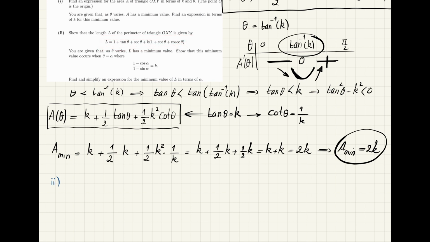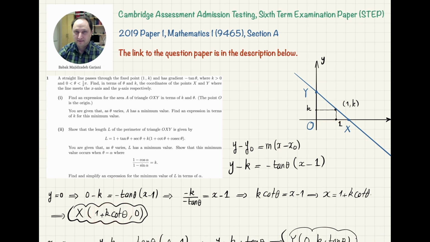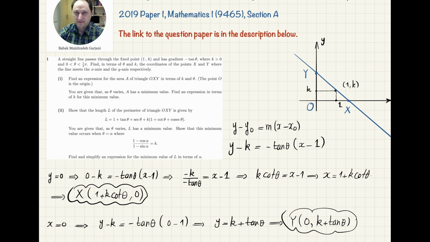Okay, let me go to the previous page. Here you see this was my triangle OXY. I am supposed to find the perimeter of this triangle. So I have to find the length of OX, which I already know. This is the length of OX. I also need to know the length of OY, which is clear. This is the length of OY.